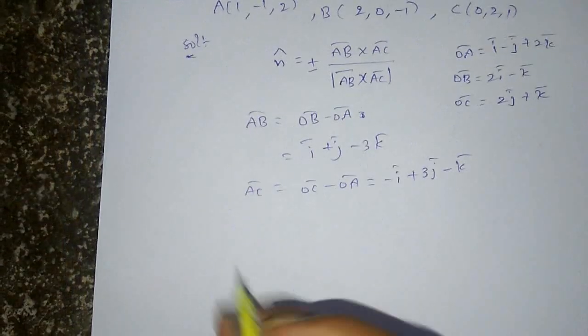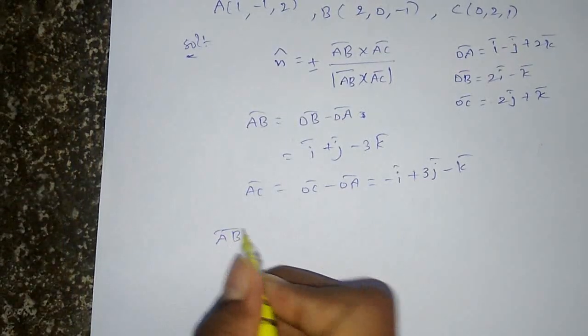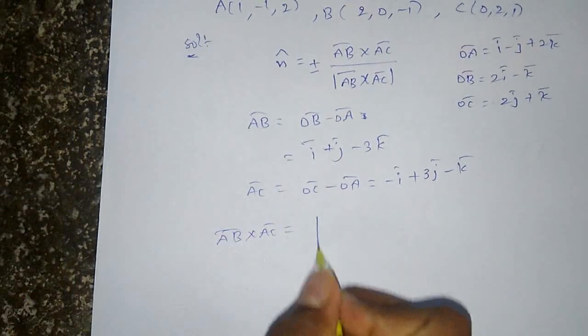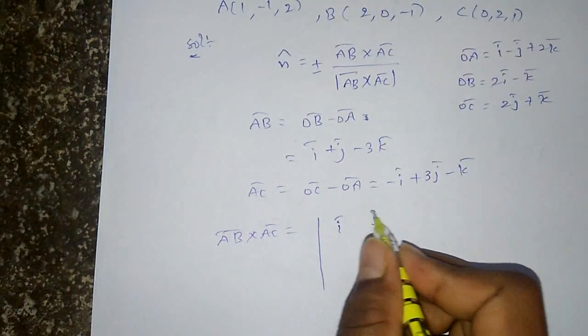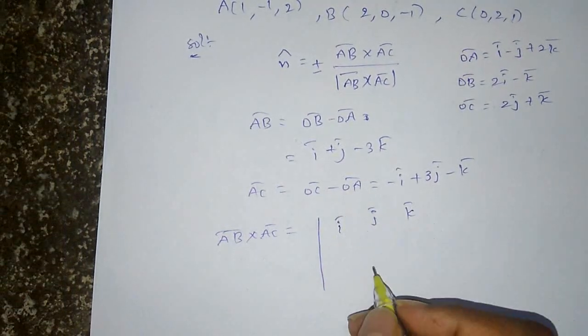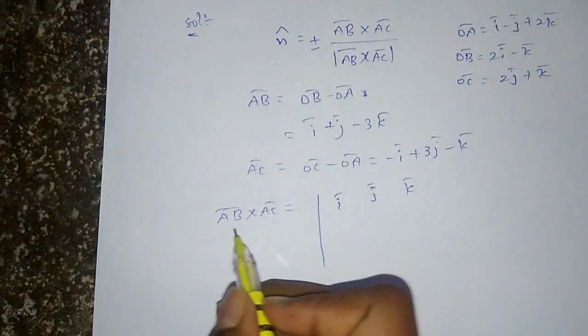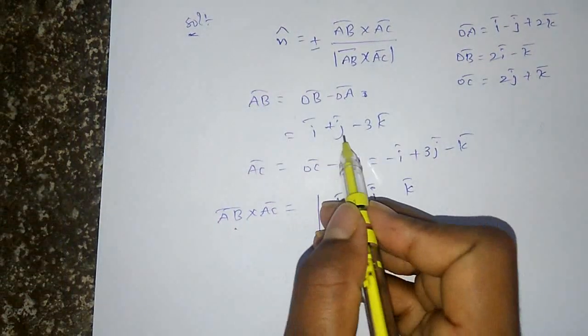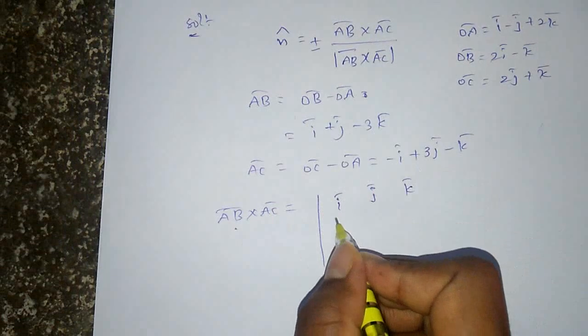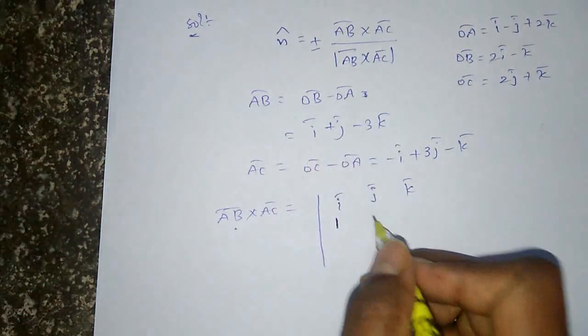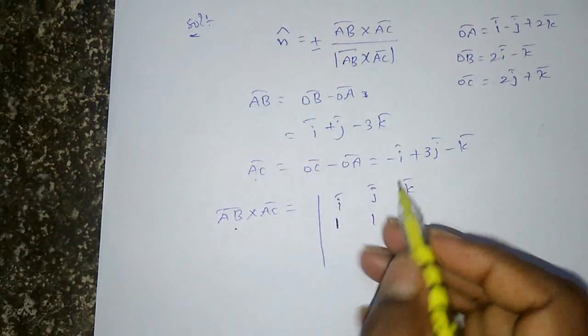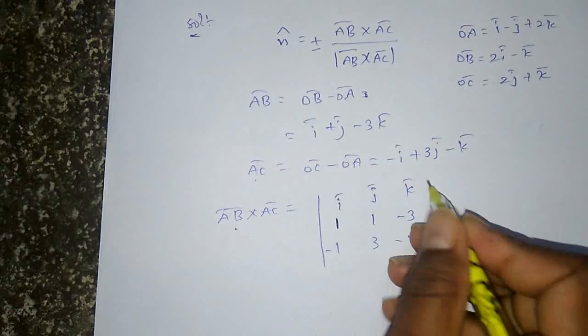Now AB bar cross AC bar is equal to, this is a vector product, so we'll have to do the determinant. Here AB bar is i plus j minus 3k, take the coefficients of i, j, k: 1, 1, minus 3. Next AC bar is minus 1, 3, minus 1.